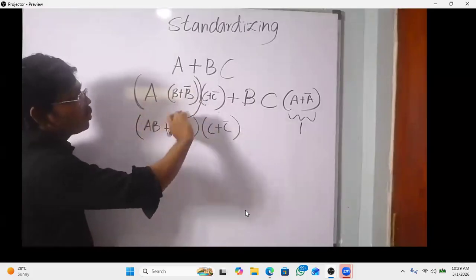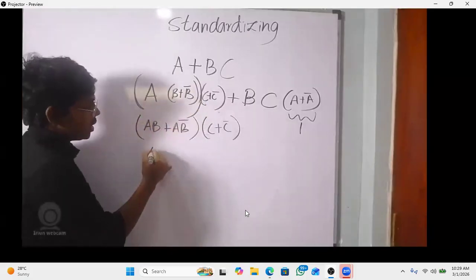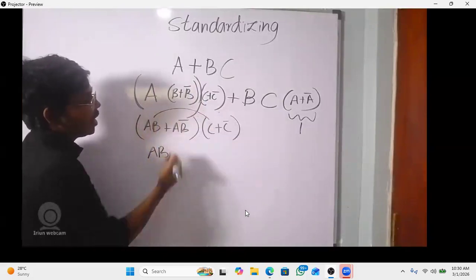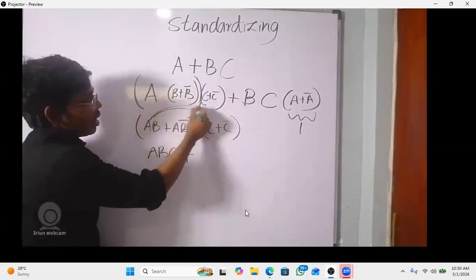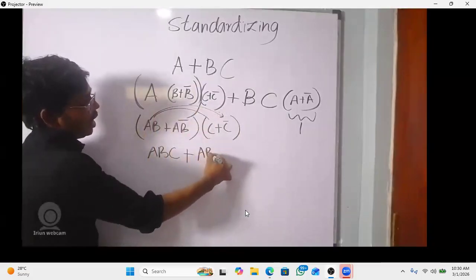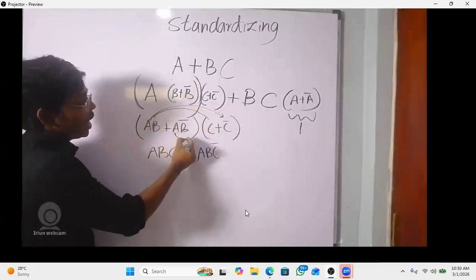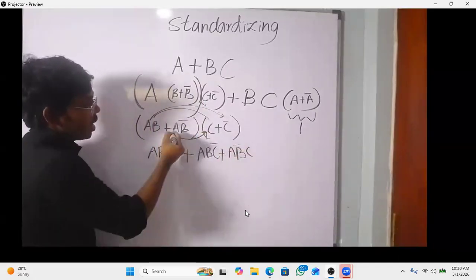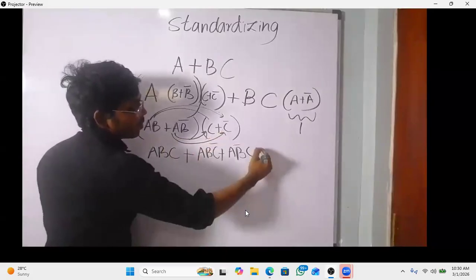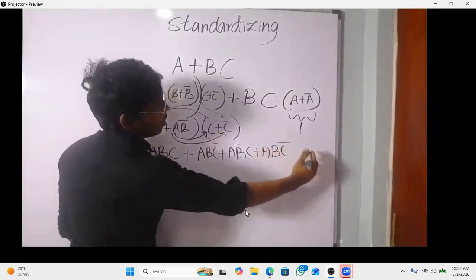You can multiply this with this with this. ABC. AB, multiply it with C, ABC, plus ABC bar. Then AB bar C, plus AB bar C bar.